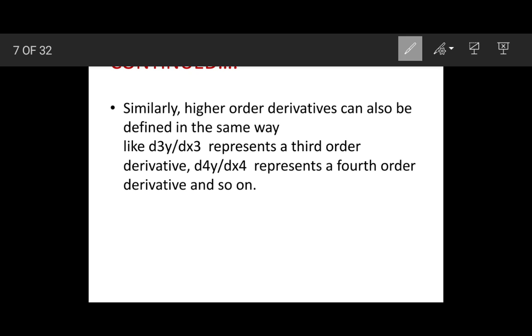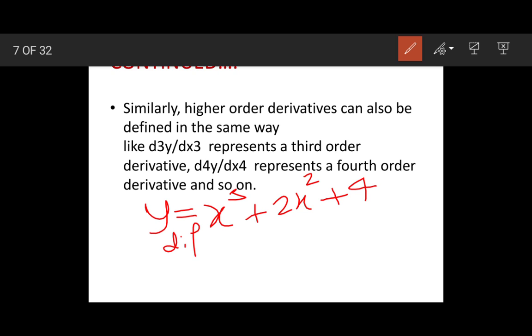So if y is equal to x cube plus 2x square plus 4, then differentiating this y with respect to x, we get dy upon dx.